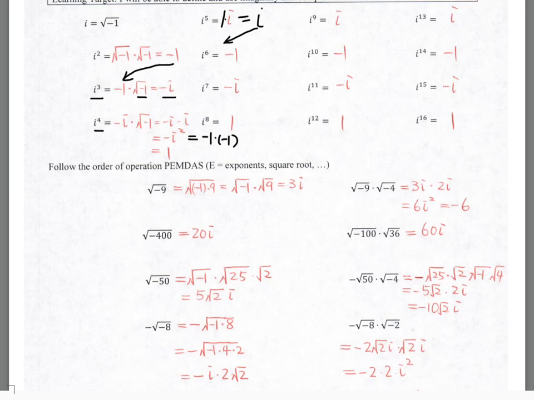So I have i squared, which is -1. i to the 7th power, so -1 times i gives -i. i to the 8th power, so -i times another i, which is -i squared. i squared equals -1, so negative times negative equals +1.